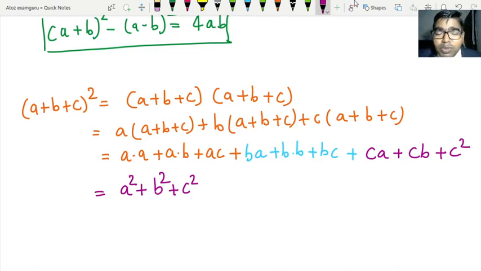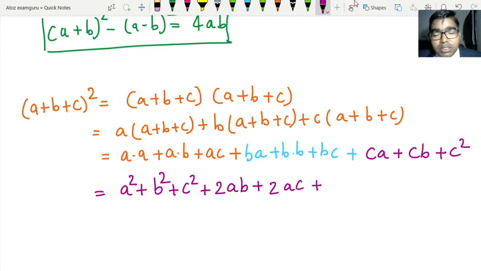This simply means ab. You can interchange the location. This is ab, this is ab, it means it is twice ab, right friends? Similarly, this is ac, and here it is also ac, so you can write it as twice of ac.